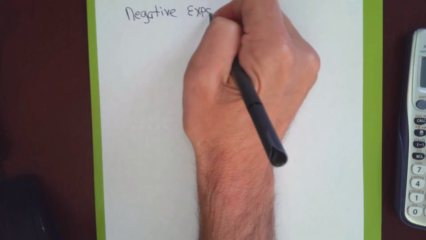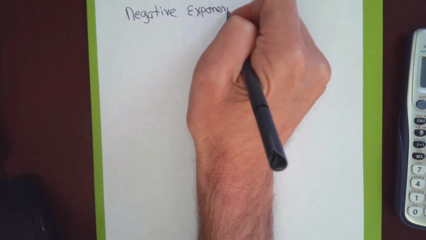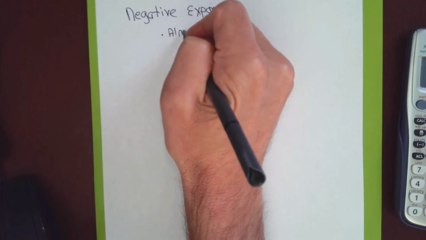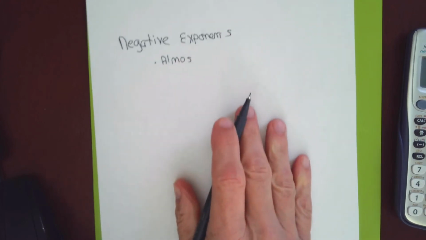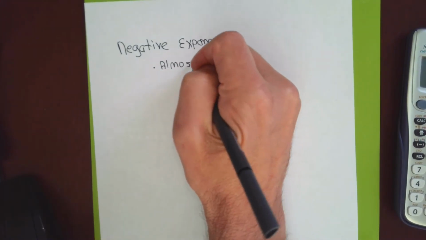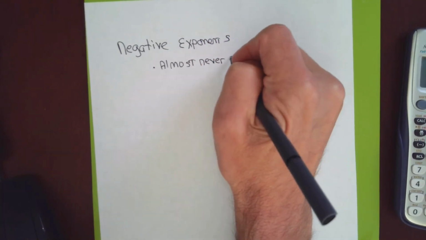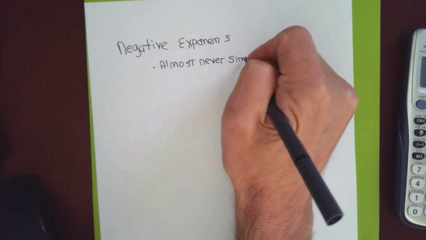negative exponents almost never simplify to negative numbers.